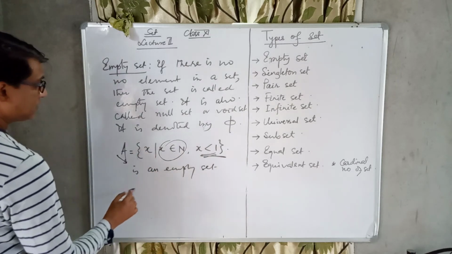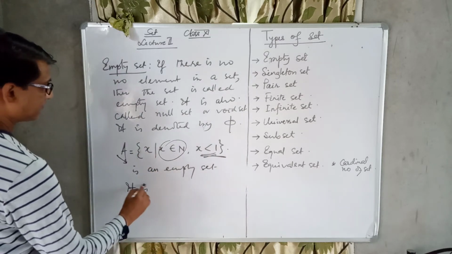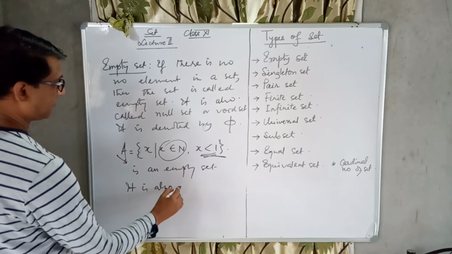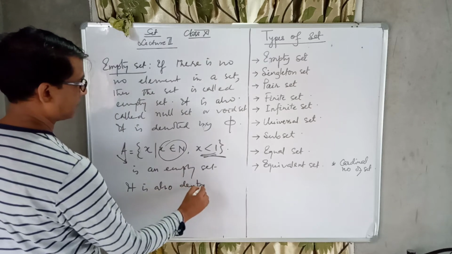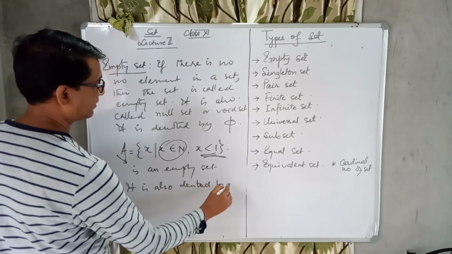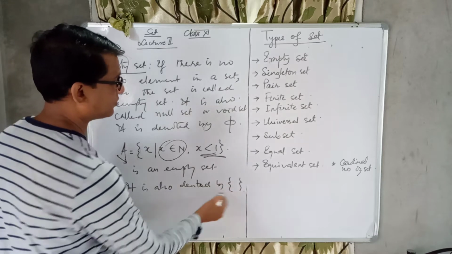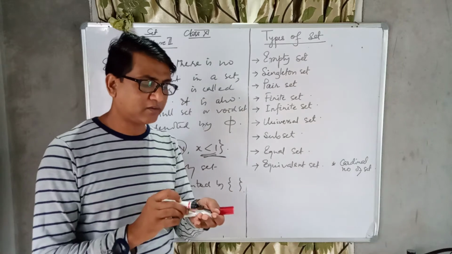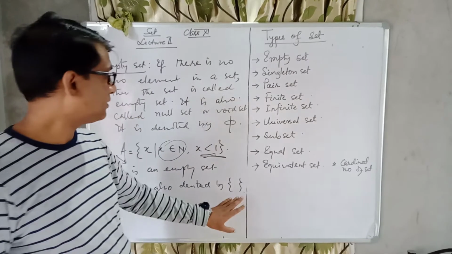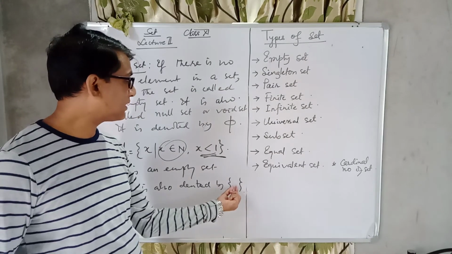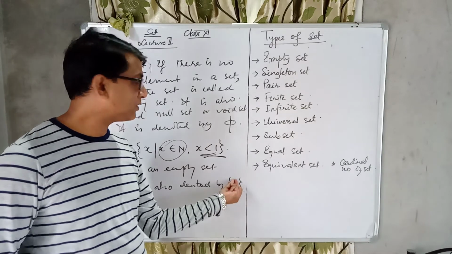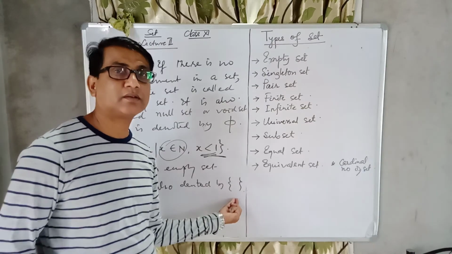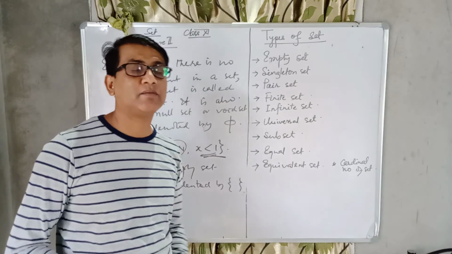The empty set is also denoted by just this: we put the curly brackets with nothing in between, and that is known as the empty set.